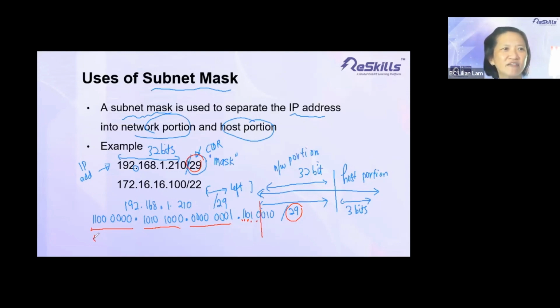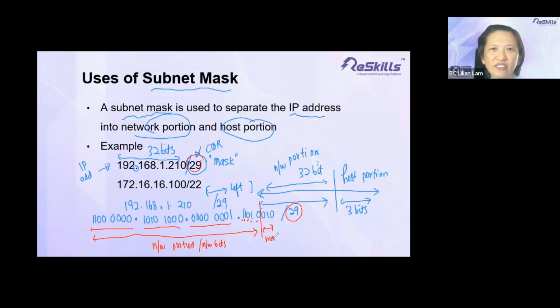So what it means is the 29 bits from the left is the network portion, or we also call it the network bits. And the leftover 3 bits is the host bits, the portion for the host.